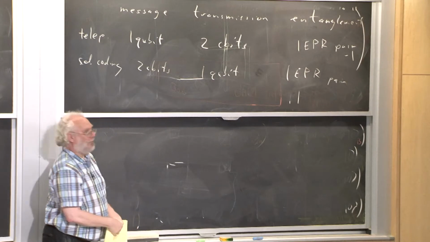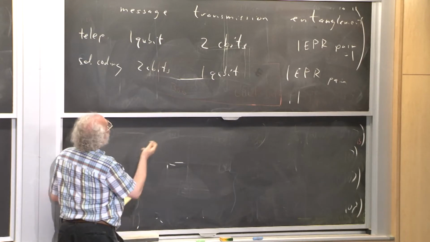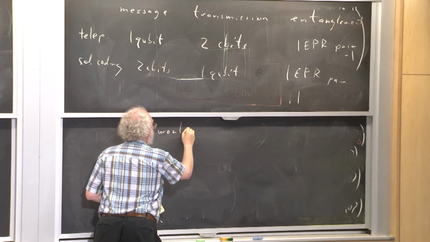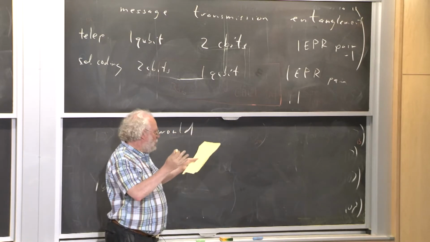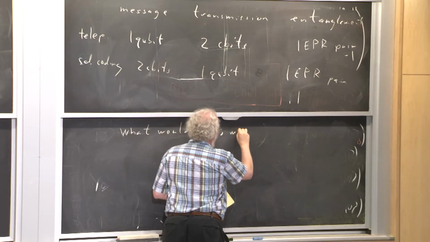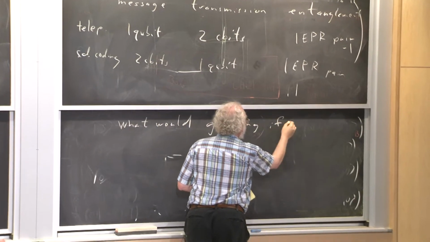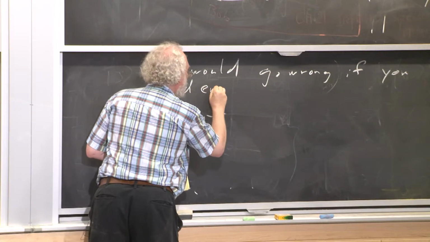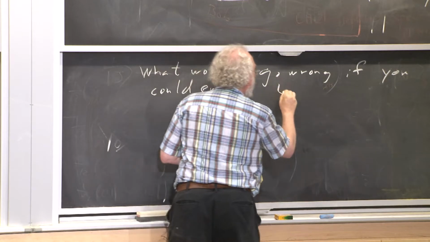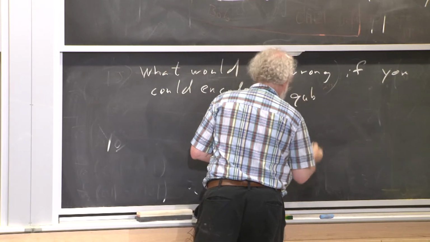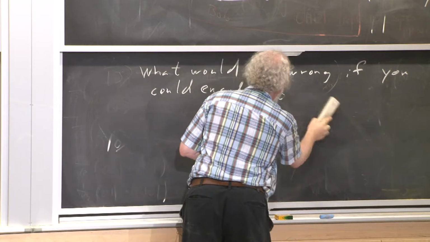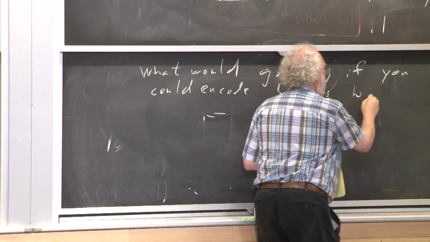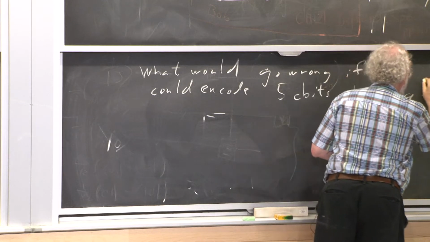So can you do better? What would go wrong if you could encode 5 C bits, 5 classical bits, by 2 qubits?